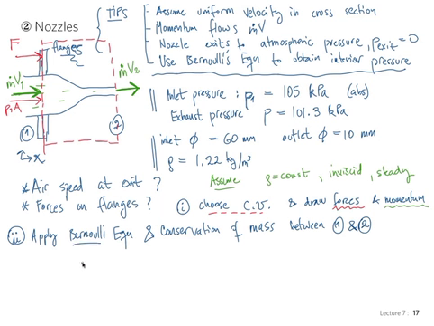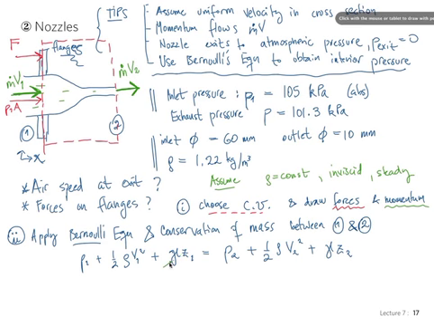Okay, Bernoulli tells me that P1 plus 1/2 rho V1 squared plus gamma Z1 is equal to P2 plus 1/2 rho V2 squared plus gamma Z2. And of course the two elevations are equal, so this cancels out immediately. I don't have to worry about that. And P2 is equal to 0 because this is atmospheric.